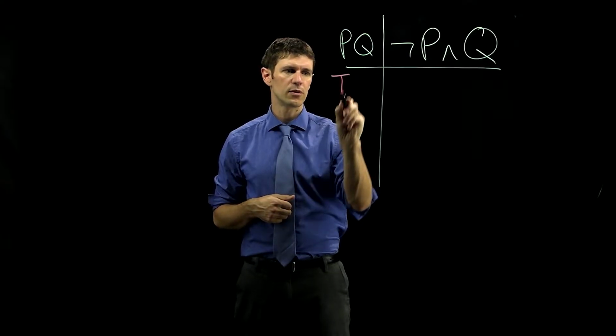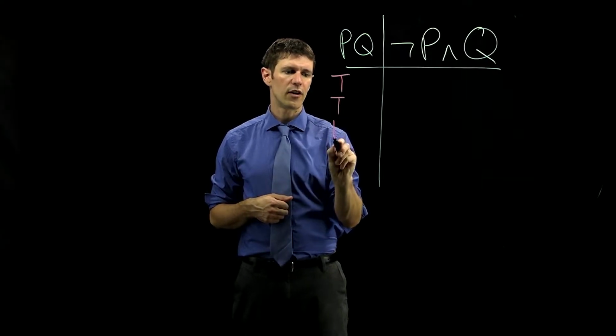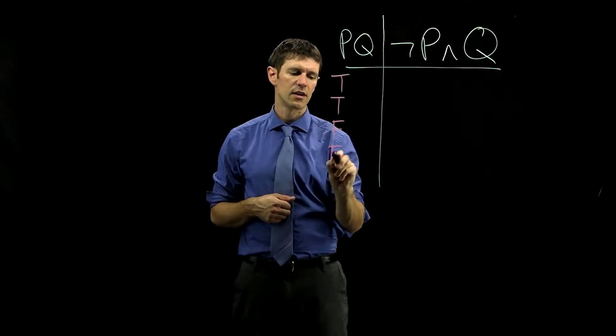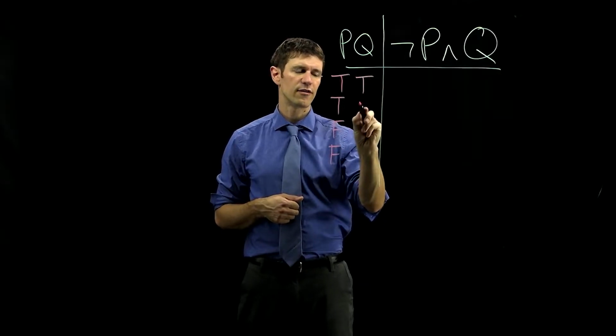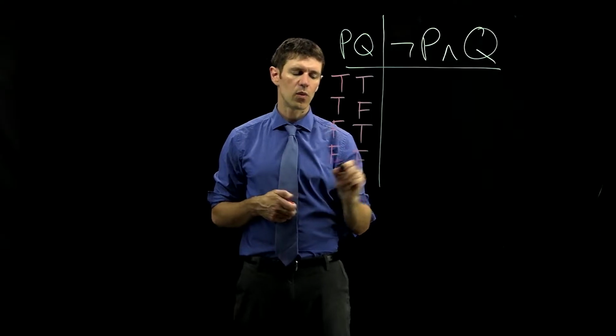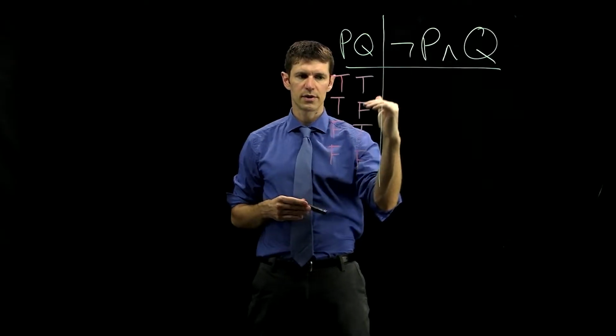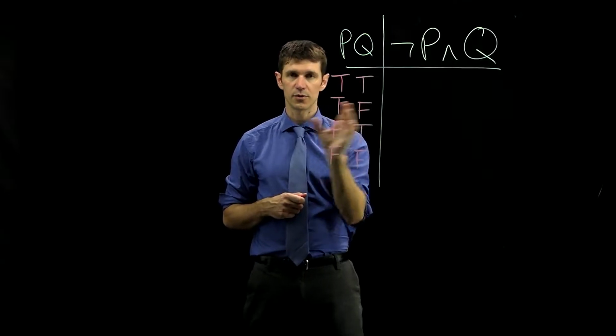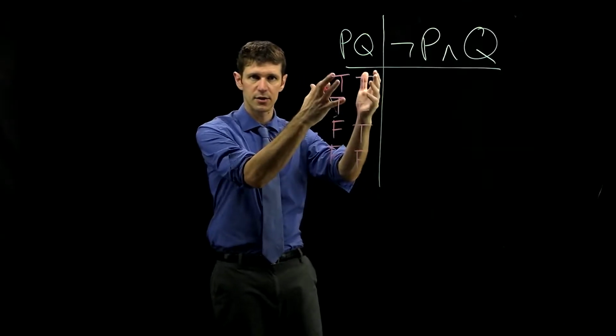I'm going to write true, true, false, false, true, false, true, and false. Now, these four rows are all the different ways that true and false can be assigned to P and Q.